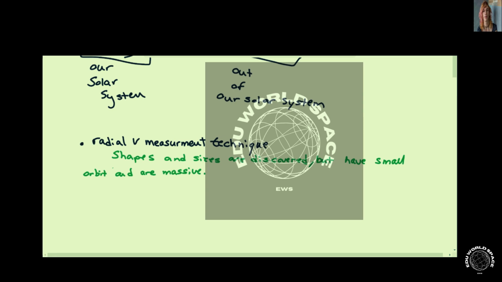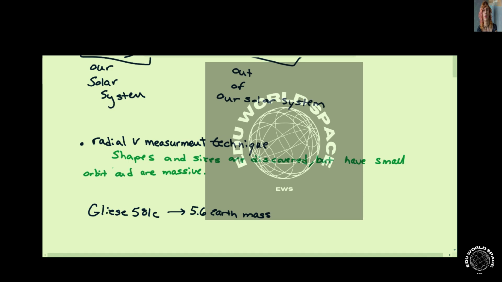So the low limit mass of an exoplanet, let's say Gliese 581c, is determined by this technique to be 5.6 Earth masses.